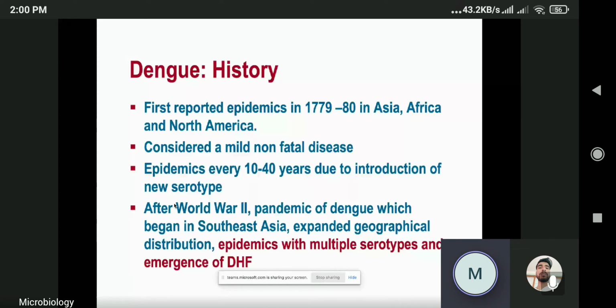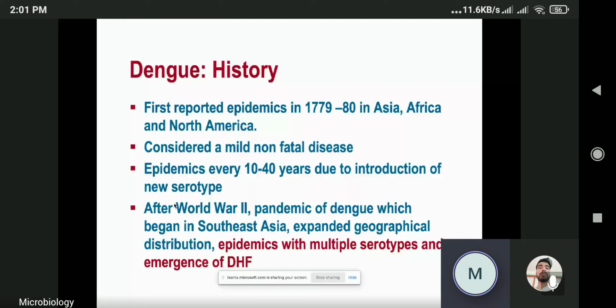Means it is a mild one, right? But in the same individuals who have acquired infection by a certain serotype, if they again get infection with another serotype, then the infection leads to severe conditions. Okay, that we'll discuss in the pathogenicity part.